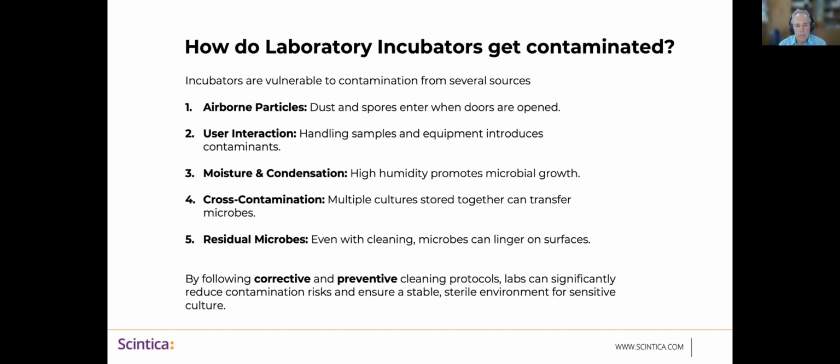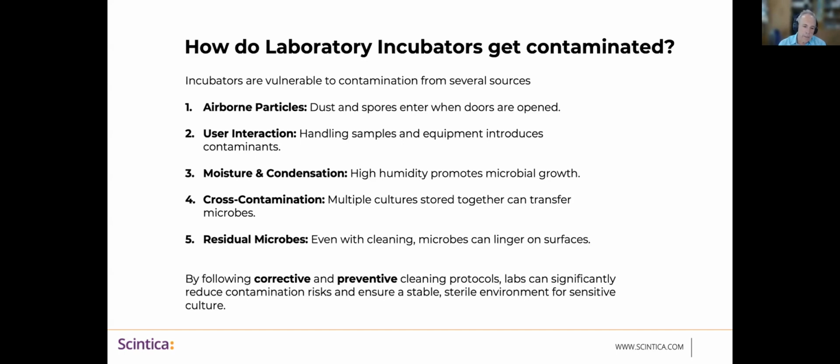Cross-contamination. If you introduce a contaminated culture into an incubator where there is no contamination, there's a reasonable probability that contamination can spread to the other cultures in that same incubator.